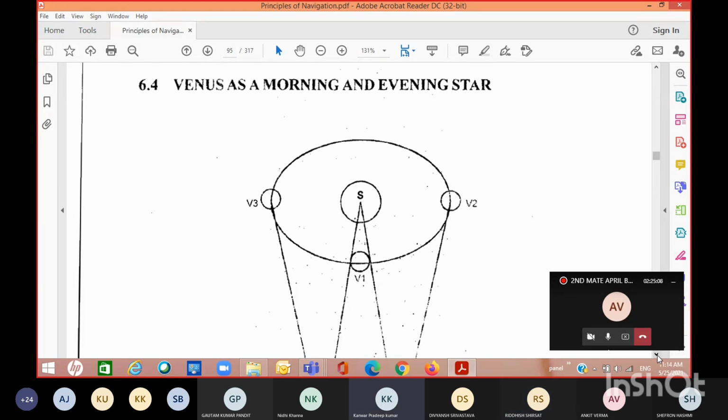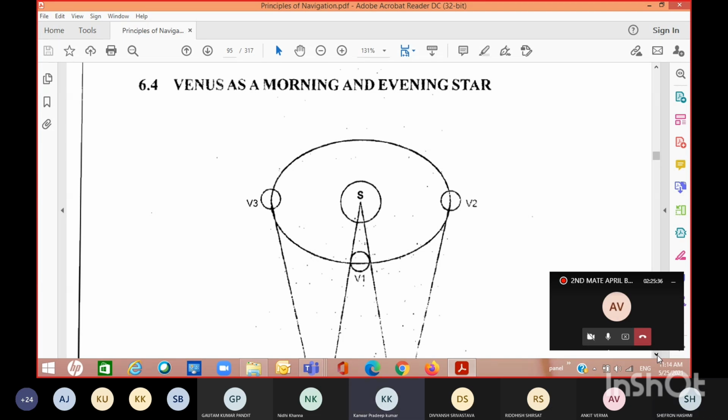So I will leave you with this thought in your mind. Read this topic 6.4, study the diagram, and then I will explain in detail before we go on to the Earth and Moon system. Does anyone have any doubt on today's topics?